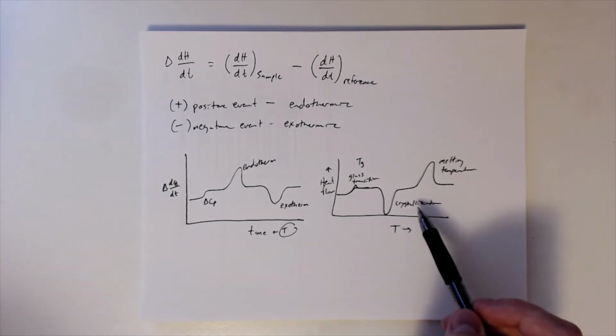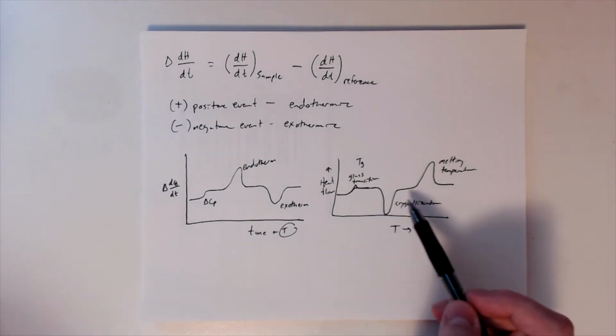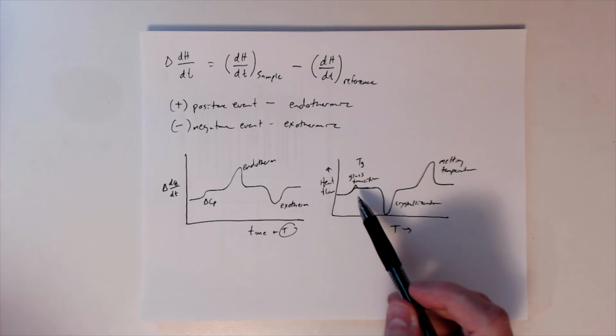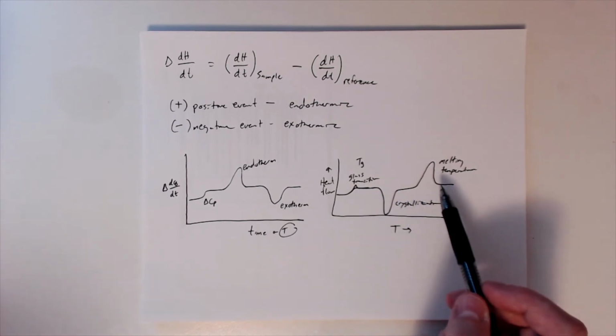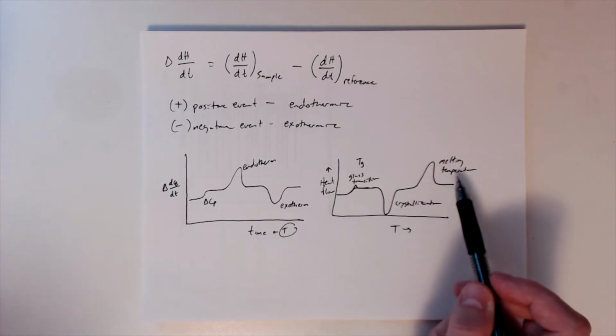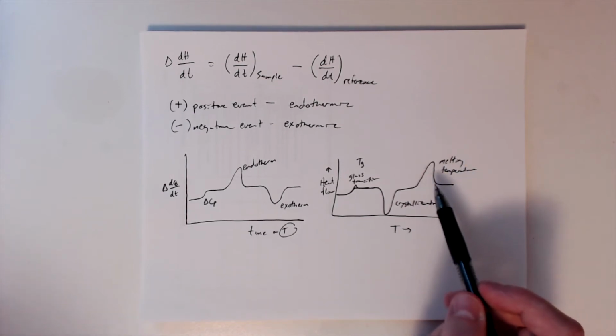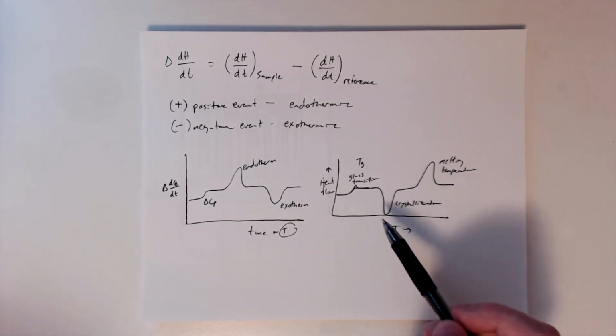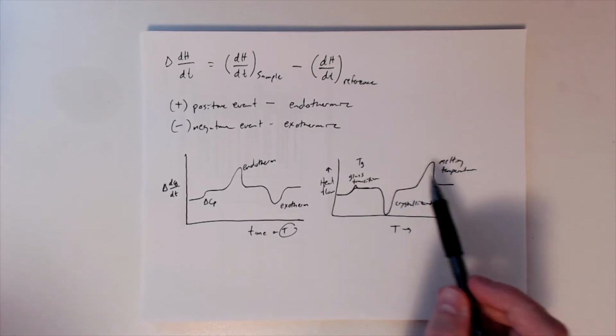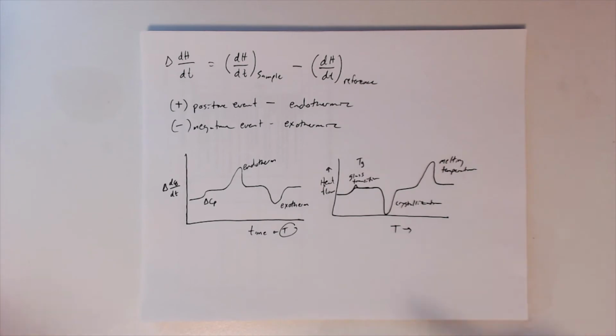And if it is a crystalline polymer, there is a chance that it will crystallize after it goes through the Tg. And then if it's a crystalline or semi-crystalline polymer, it will go through a melting temperature, and you'll see a peak there. Again, you don't have to see all of these peaks. You may only see one or some mixture of the two. But these are all possible things that we can see in our materials.